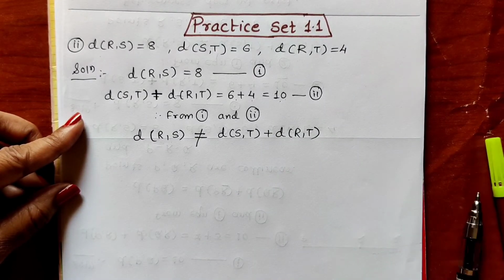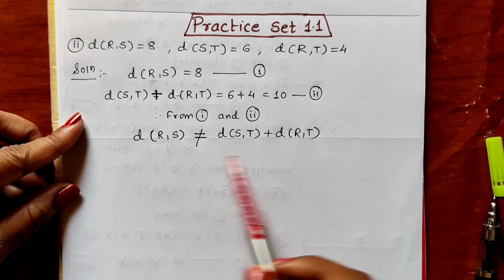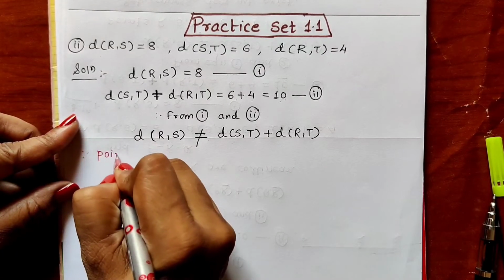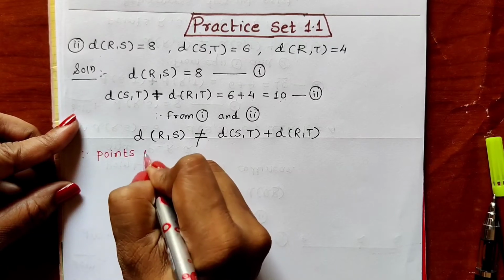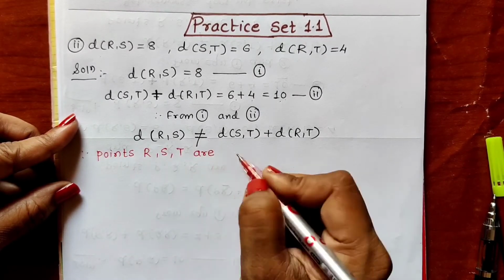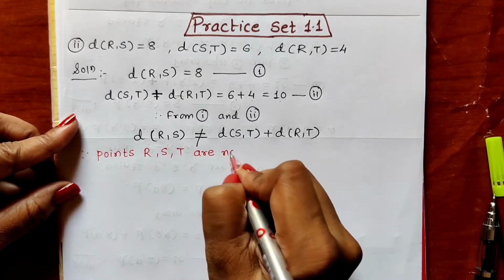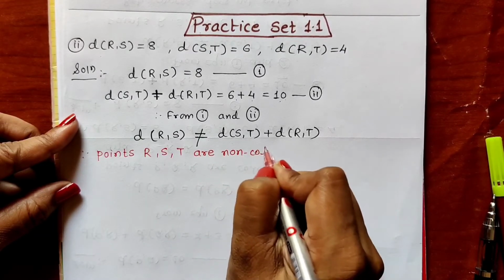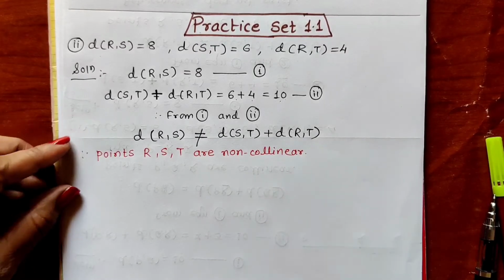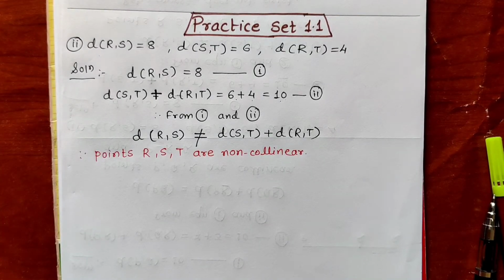And as they are not equal, that means these 3 points are not collinear. Therefore, points R, S, T are not collinear, or you can write non-collinear also. As they are non-collinear, there is no question of betweenness, because the property of betweenness is applied only when the points are collinear.